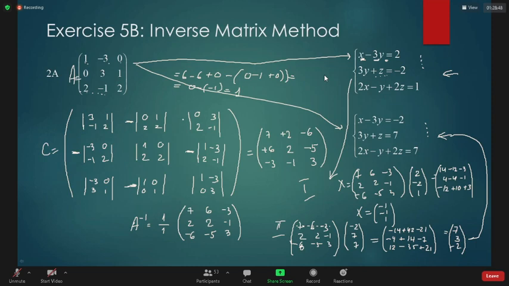Can you provide the homework answers? The homework exercise? No, not that, madam. The exercise in the lecture notes. It is in the lecture notes.